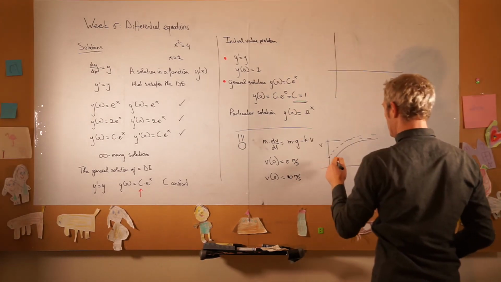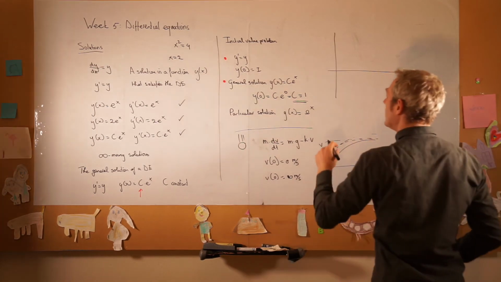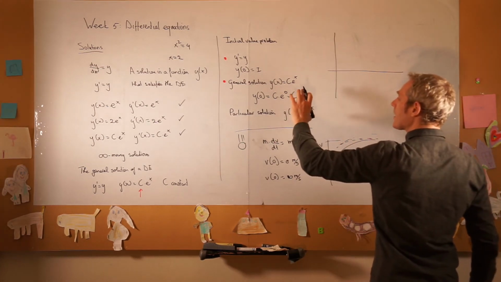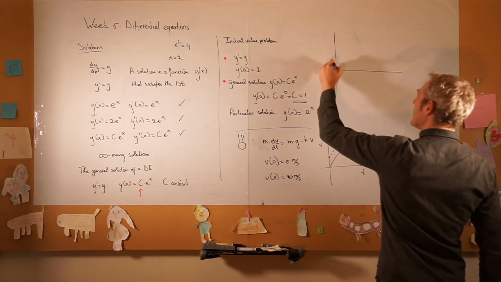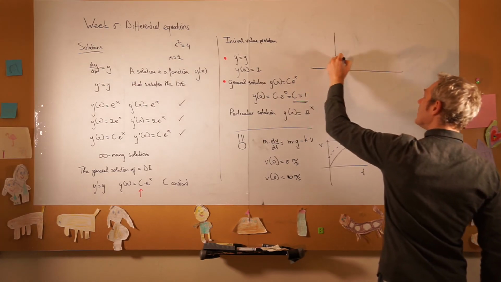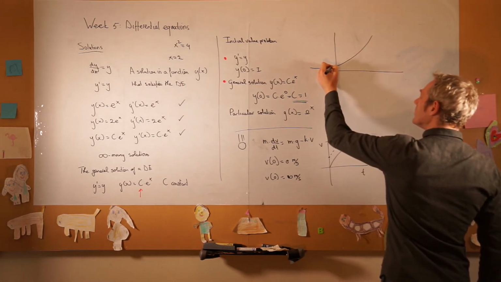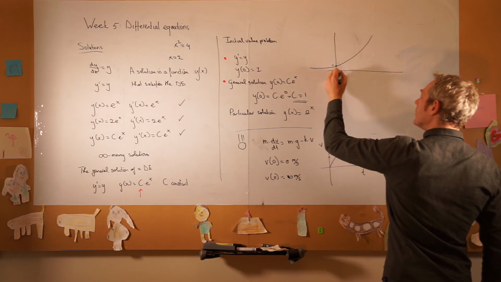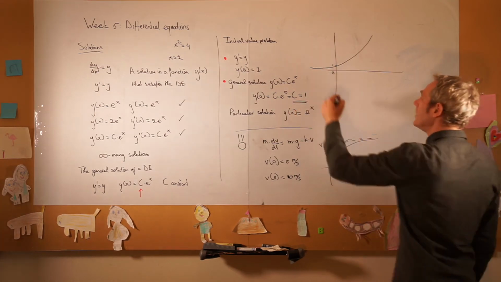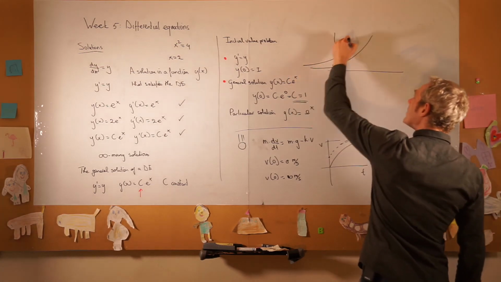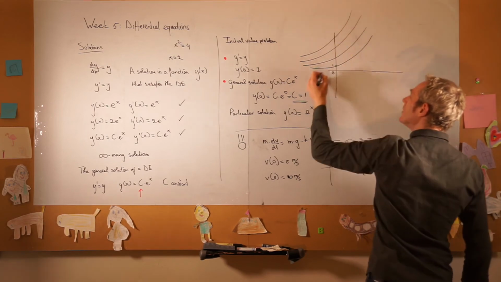I believe actually this might just go to the same value. If we look at this problem, the solution we found was e to the power of x, which goes like that, and it crosses the y-axis at 1. Now, if we have different values of c, what we'll see is that we'll just get different solutions.